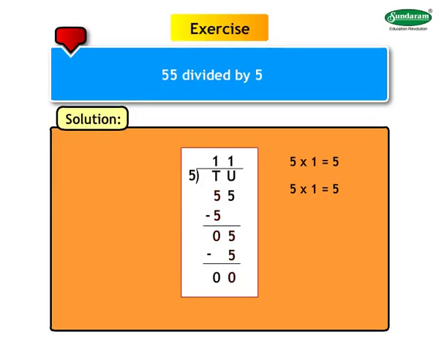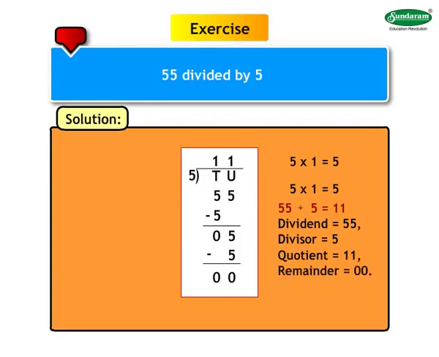Hence, we get the remainder as 0 and the quotient as 11. Thus, 55 divided by 5 is equal to 11. Thus, the dividend is 55, divisor is 5, quotient is 11 and the remainder is 0.